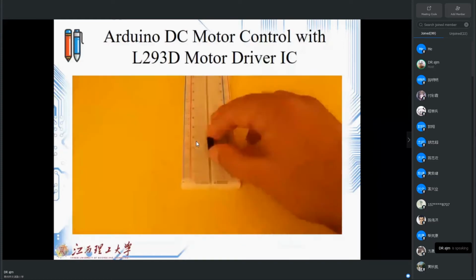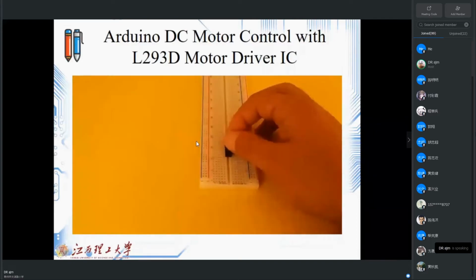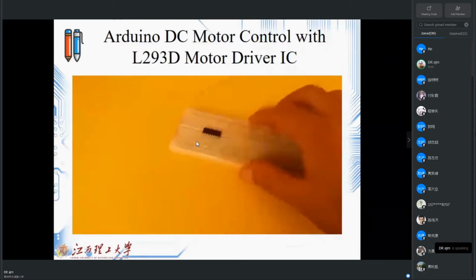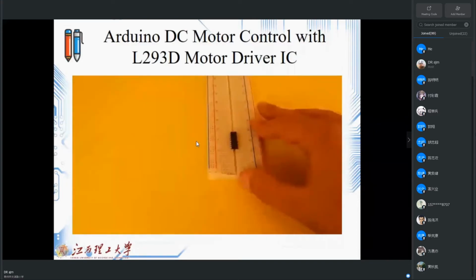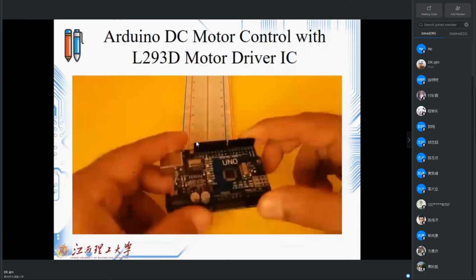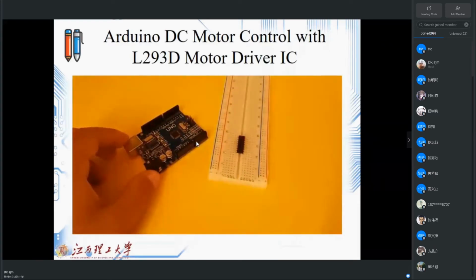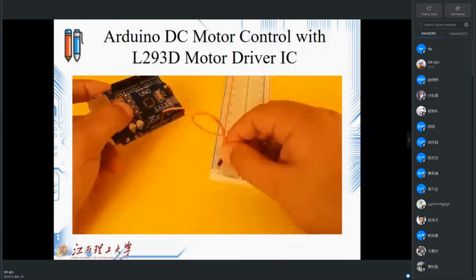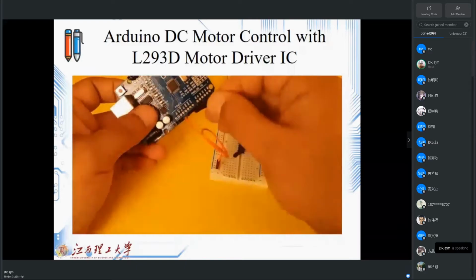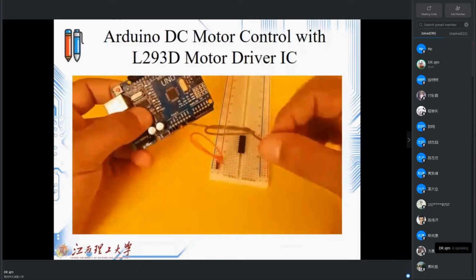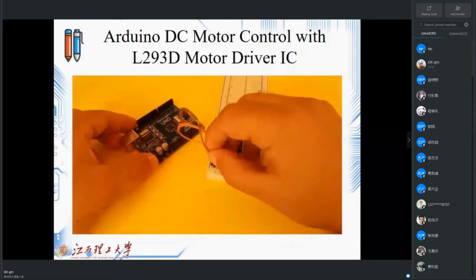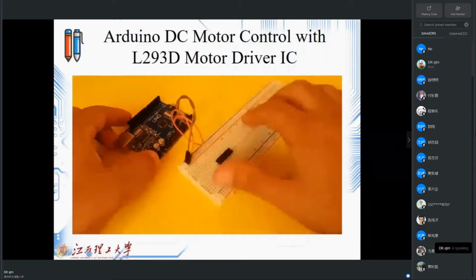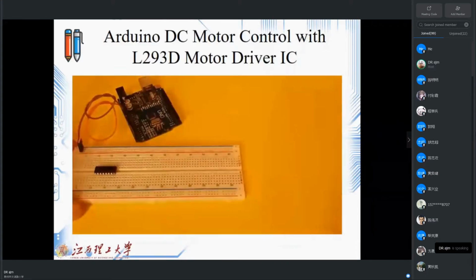I'll try to show you with this clip that this is the driver and Uno board. First, we will connect the VCC and ground of the Arduino board. Then we'll try to do it as per the previous diagram that we had.